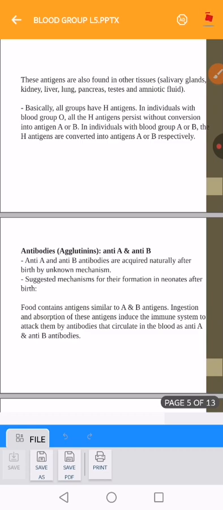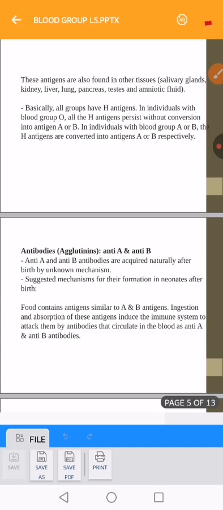This theory said food contains antigen similar to the A and B antigen. Ingestion and absorption of this antigen induce the immune system to attack them by the antibody that circulates in the blood as anti-A and anti-B antibody.